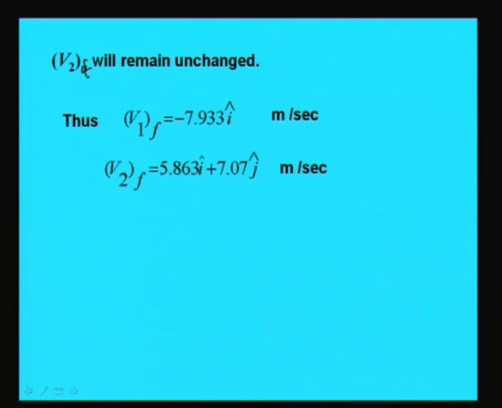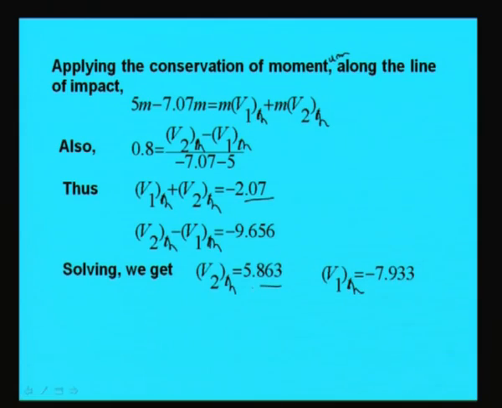So, therefore, the final velocity of one particle can be written as minus 7.933 i, in the i direction, and the other one is actually 5.863 i plus 7.07 j, because that 7.07 component remains unchanged, and only this part we have added in the i direction.